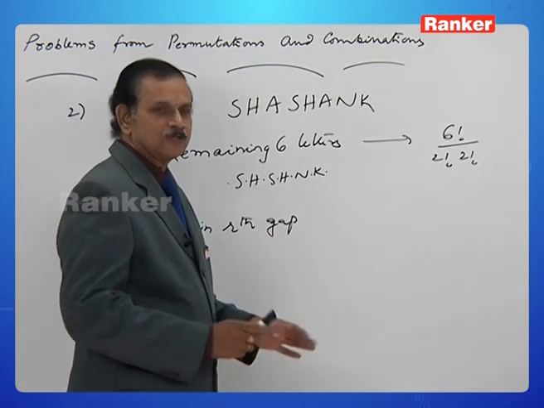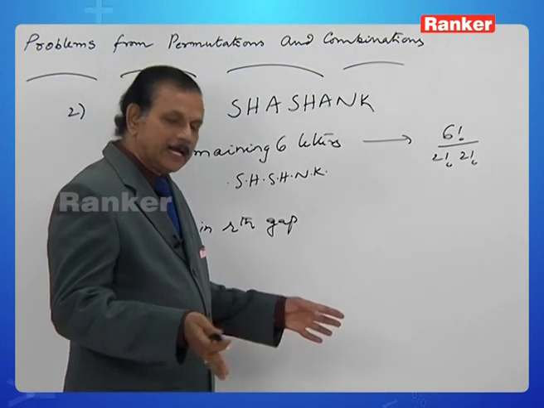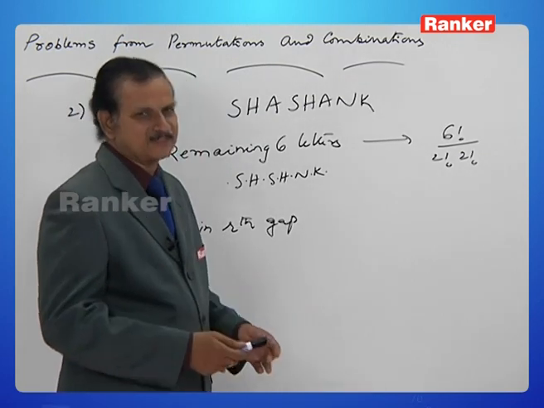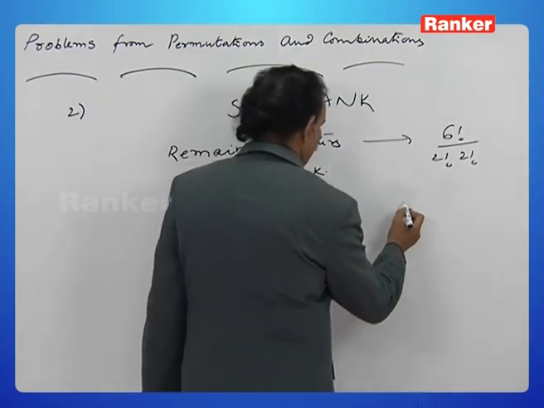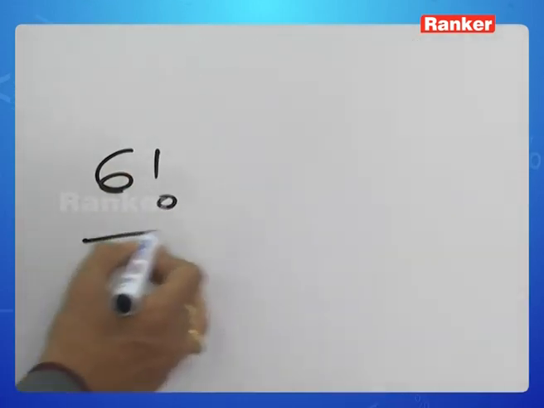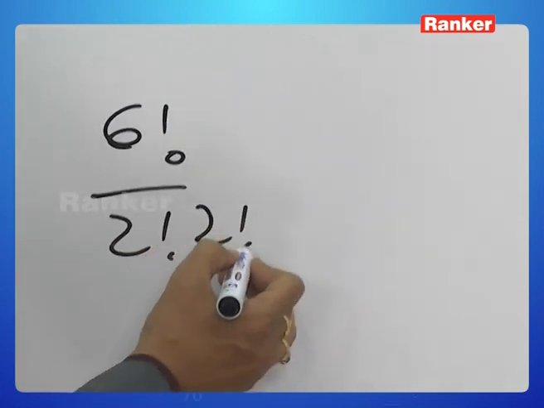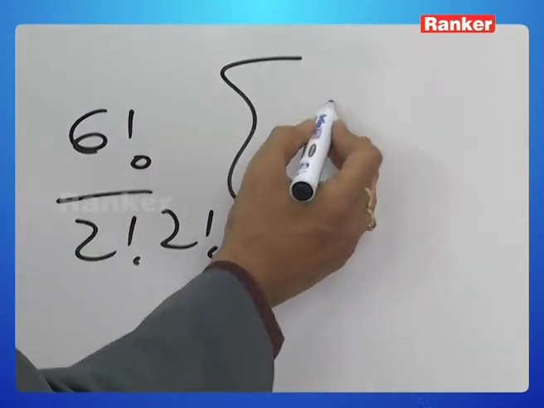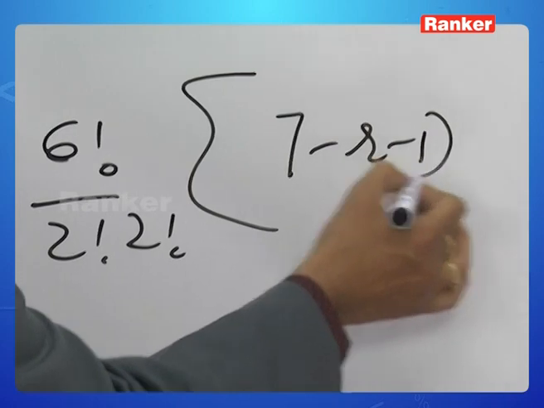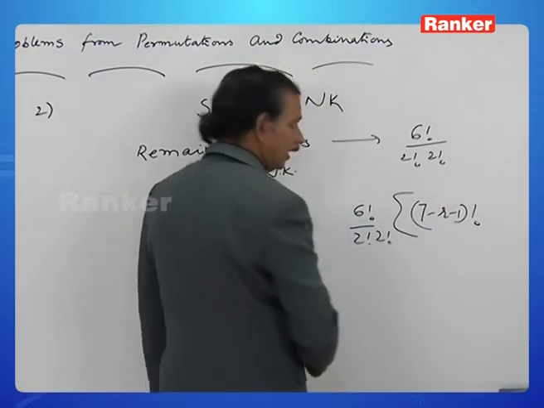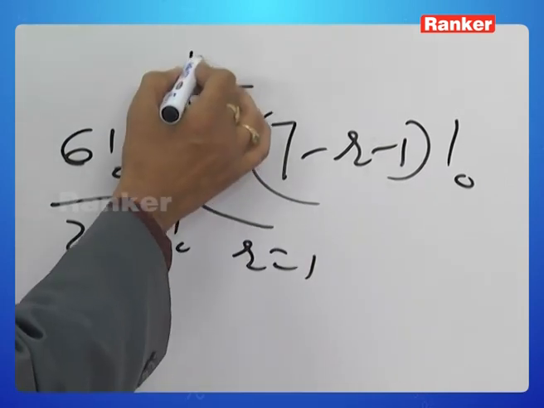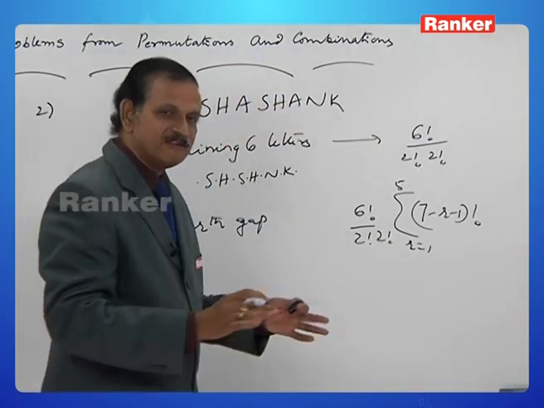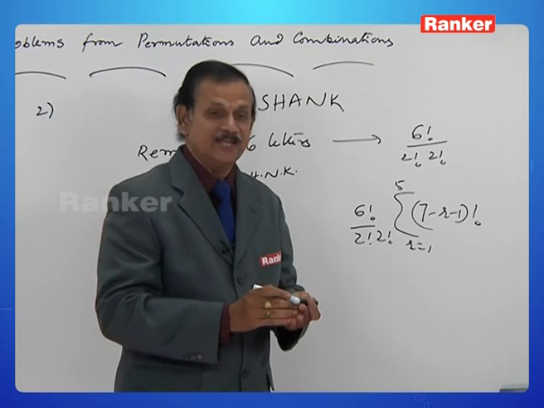Why? Because 2 vowels must be separated by at least 2 consonants, he has said. Therefore, the total number of combinations will be 6 factorial by 2 factorial into 2 factorial into sigma of (7 minus r minus 1) factorial, r running from 1 to 5 only. Why? Because there are only 5 remaining gaps there.